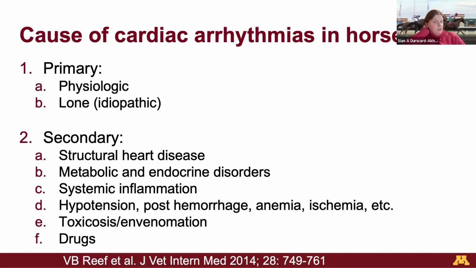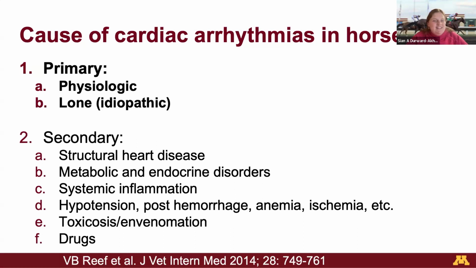And that may be due to structural heart disease leading to enlargement of the heart, or they lead to alterations in the concentration of ions in the body. And we can see that in horses with a severe colic, or even in horses immediately post-colic surgery. And all of these predispose to the horse developing arrhythmias. And obviously today I don't have time to talk about all of them. And so I'm going to focus on the physiologic and lone or idiopathic arrhythmias.